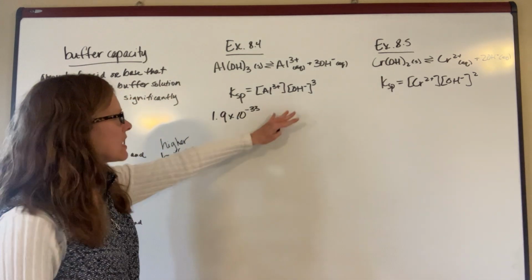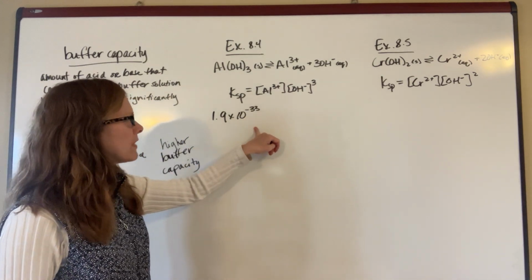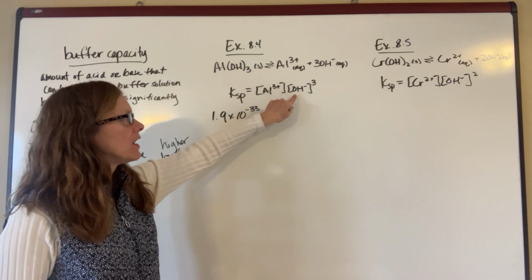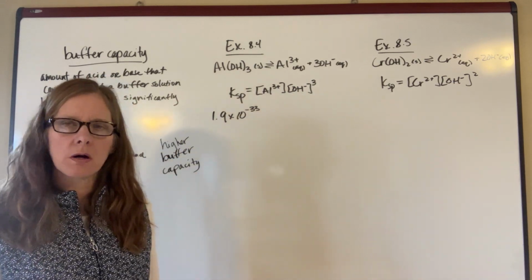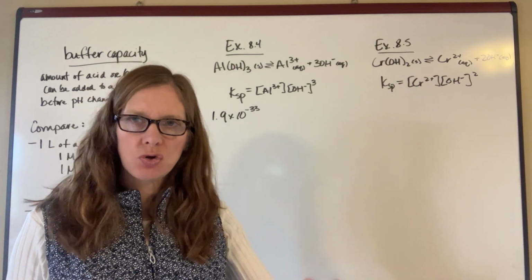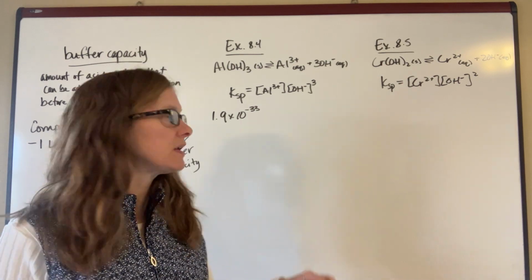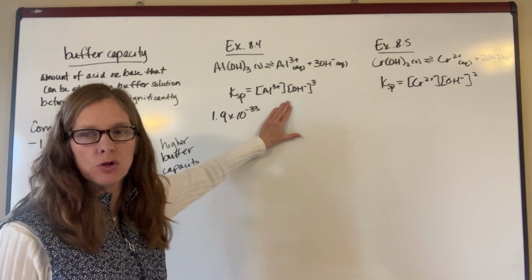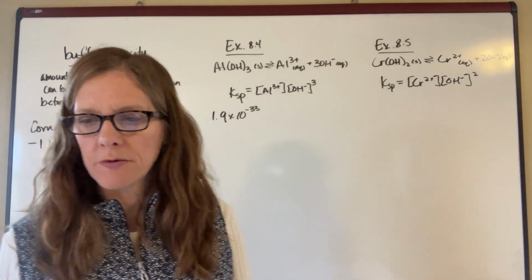Now, I could take the 4th root of that, but what you're going to see is that the hydroxide ion from the water that's there actually contributes quite a bit of hydroxide ion to this particular solution, and it's going to affect how much of the aluminum is actually going to be able to dissolve.